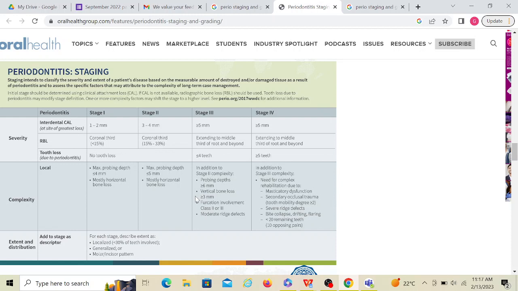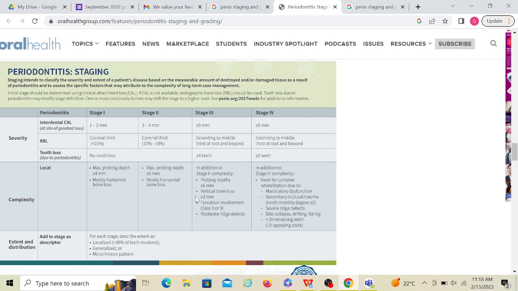But the moment I read that it's just a class 2 furcation involvement, now I am no longer a confused candidate and I will straight away pick up stage 3. Is that clear? And if the question mentions that there is a bone loss or recession of more than 6 mm or 5 mm and multiple teeth are wobbly and they seem to have drifted due to the disease process over a number of years, blindly I will choose stage 4. Is it clear?